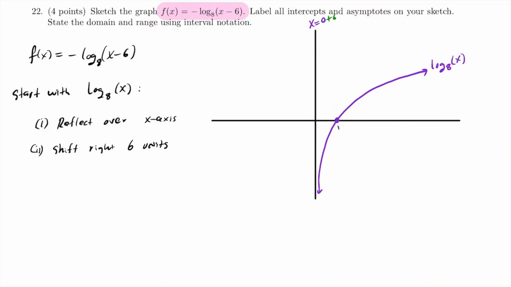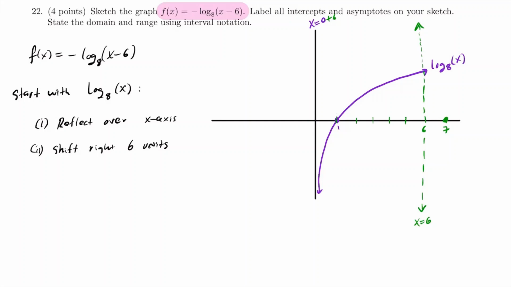I'm going to go ahead and erase this, but just hold on to that thought. So 6 units to the right. So 1, 2, 3, 4, 5, 6. So here is the new vertical asymptote. And then we know that this point right here gets shifted 6 units to the right. So it's going to be right here, 7, 0. And we just preserve the shape.